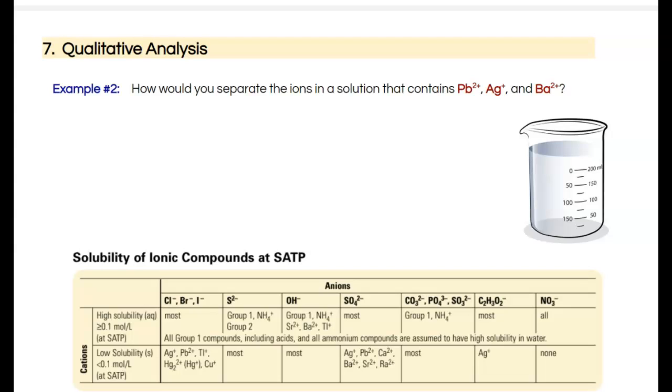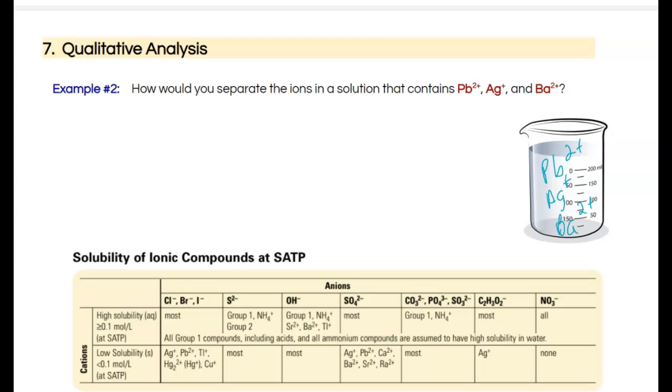So in this question, it says, how would you separate the ions in a solution that contains Pb2+, Ag+, and Ba2+? So what we're talking about here is a situation where I've got my Pb2+ in here, I've got the Ag+, and I've got Ba2+ in here. I've got all 3 of those ions swimming around dissolved in solution.